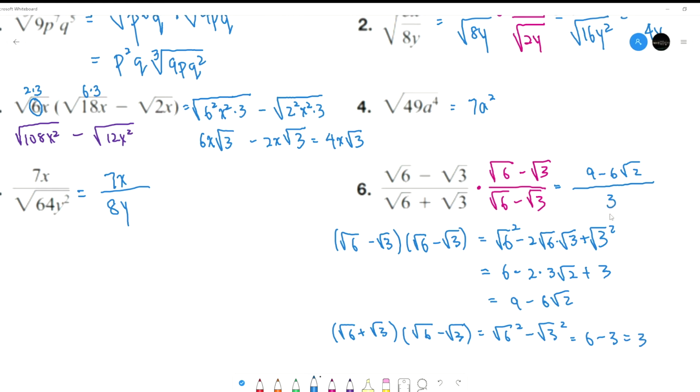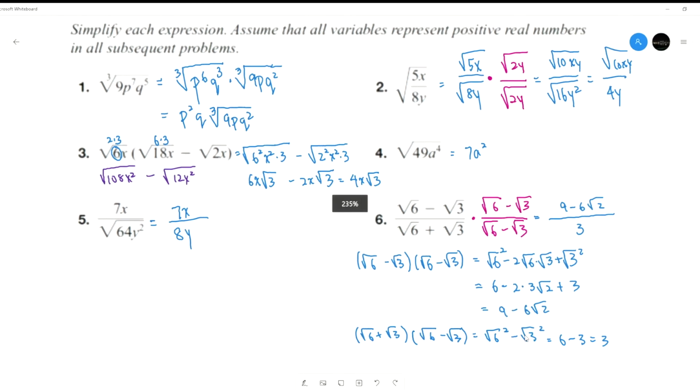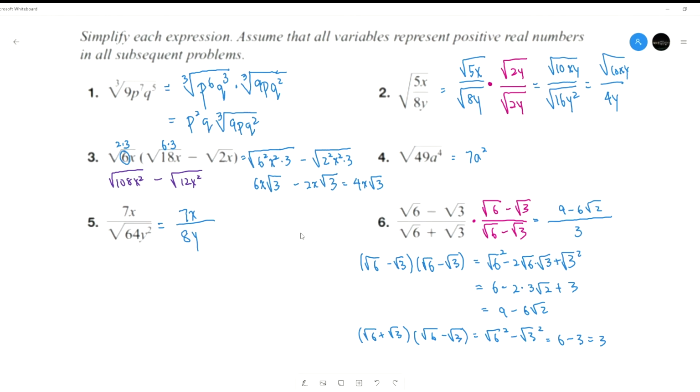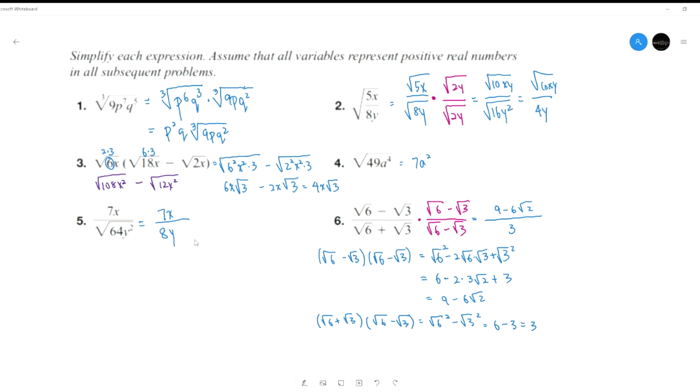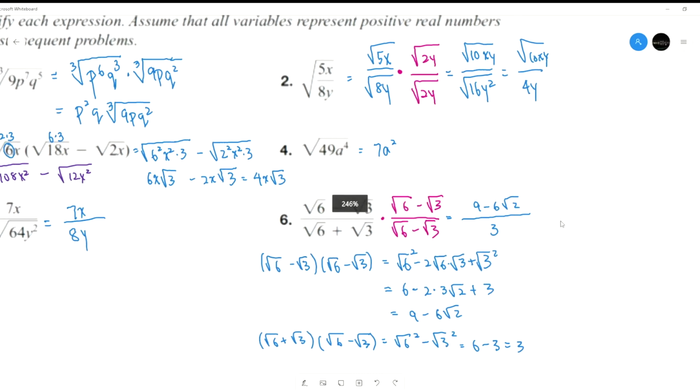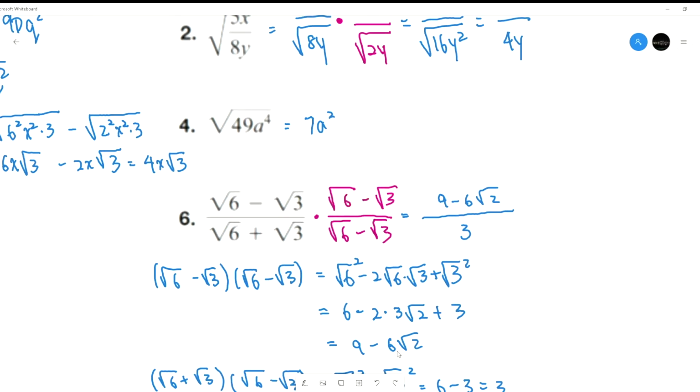Denominator is 3. Now, don't assume we're finished here, right? We have to remember that if there's a common factor that can be factored out and cancel out, we must do that, right?